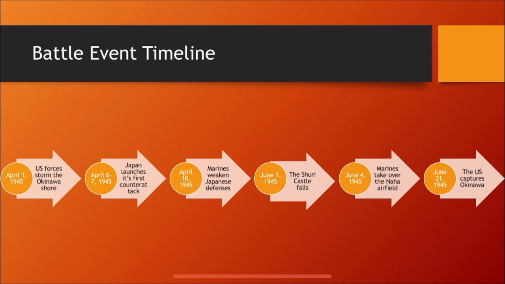Just a few days later, on June 4th, 1945, the Allies are able to take over the Naha airfield, devastating the Japanese aerial forces. Finally, on June 21st, 1945, the United States officially captures Okinawa, allowing them to win the battle.